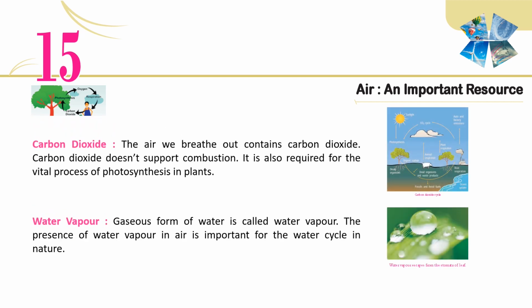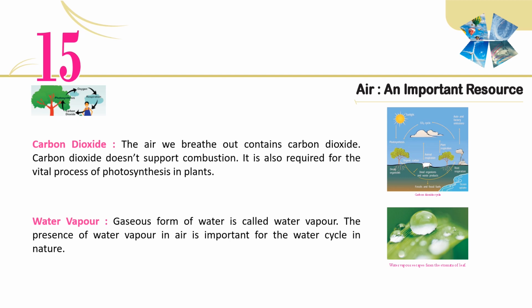Carbon dioxide. The air we breathe out contains carbon dioxide. Carbon dioxide doesn't support combustion. It is also required for the vital process of photosynthesis in plants. Water vapor. Gaseous form of water is called water vapor.